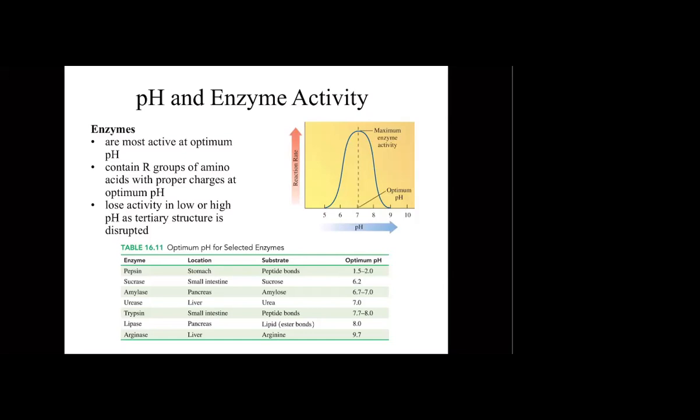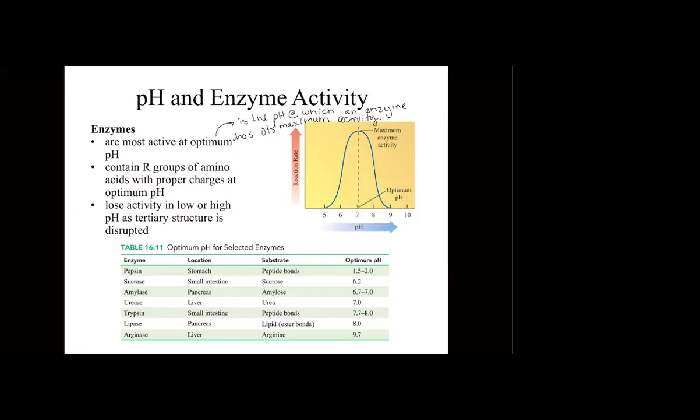Let me just write that down. Optimum pH is the pH at which an enzyme has its maximum activity.